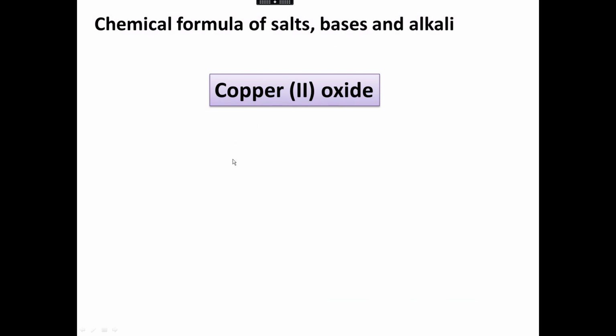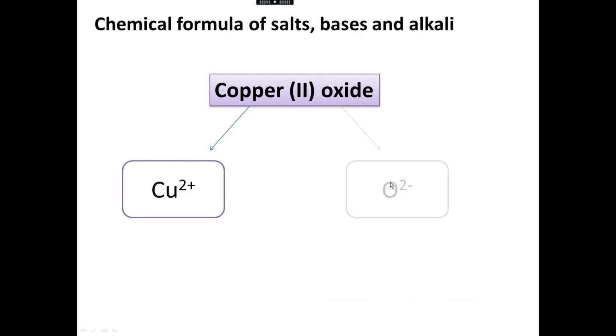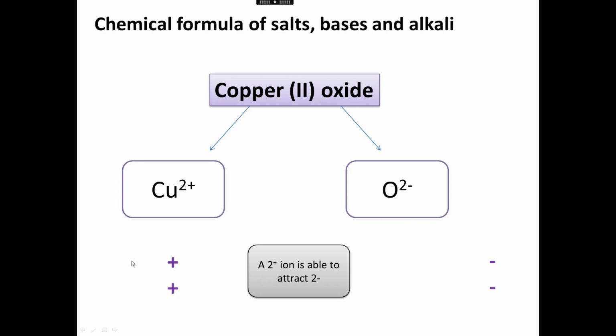Copper(II) oxide contains Cu2+. We know that from the Roman numeral. The oxide ion is always O2-. Oxygen's in group 6, so it gains 2 electrons to form an ion, O2-. Now, a 2+ ion has 2 positive charges. A 2- ion has 2 negative charges. So they attract in a 1-to-1 ratio.